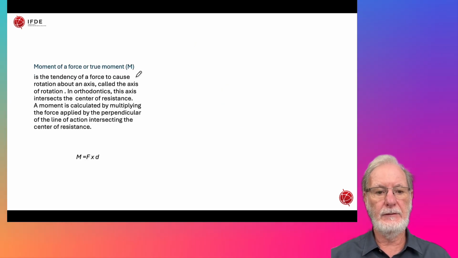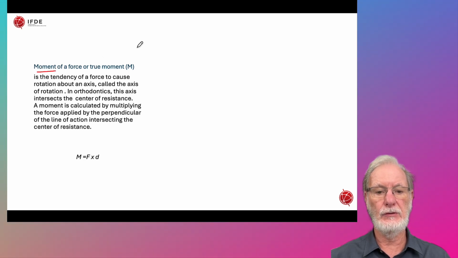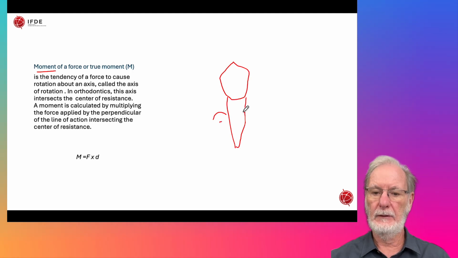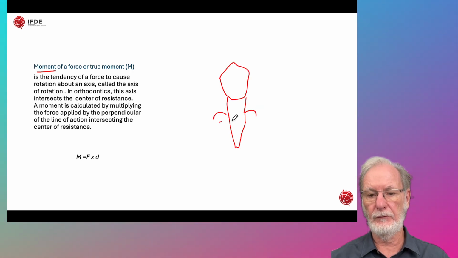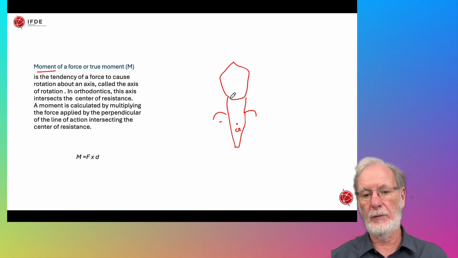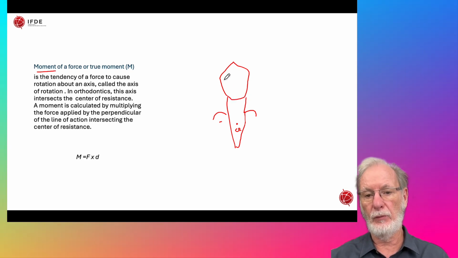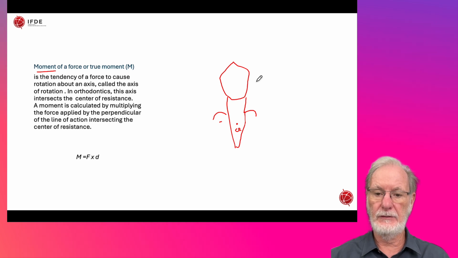Then the next very important concept in orthodontics, to get a correct tooth movement, is that you have to be able to apply moments, because as we all know, and obviously depending on the bone level, the center of resistance will be at a certain position on the root, and we tend to apply the force, especially with aligners, only at the crown level by putting pressure on the crown. Let's assume you're putting pressure on this surface right here.